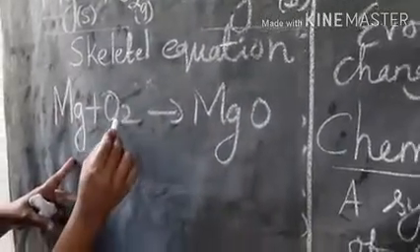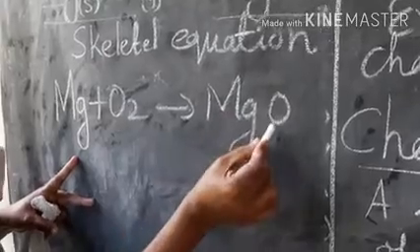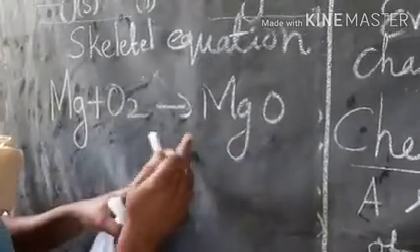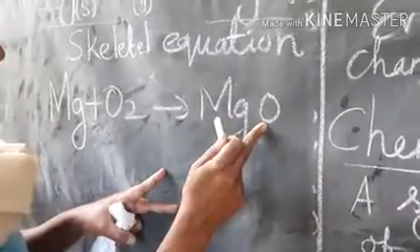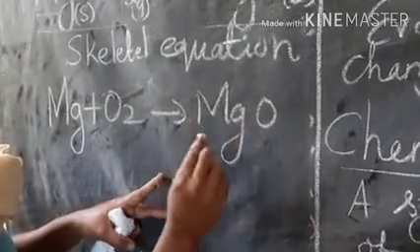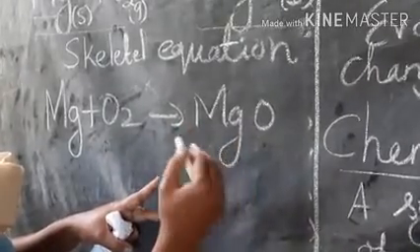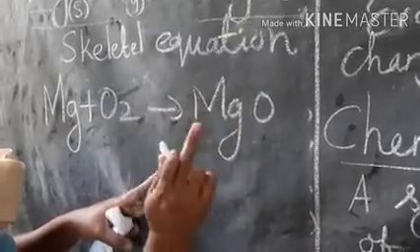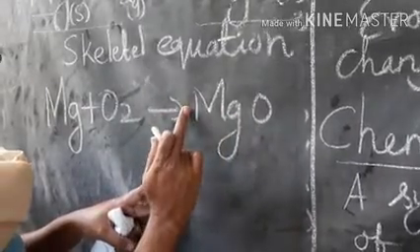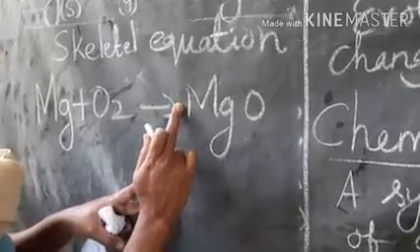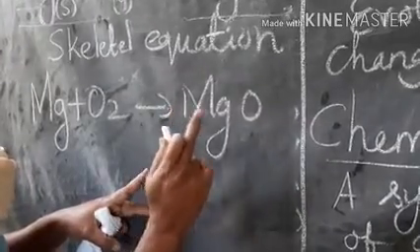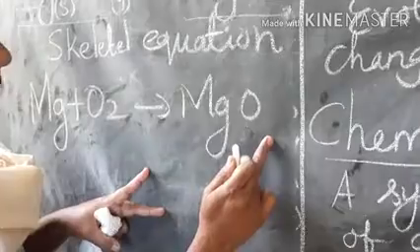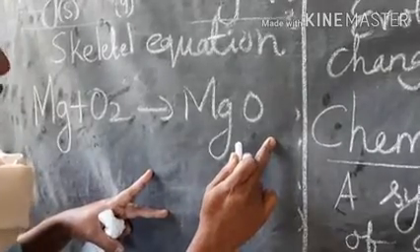Mg is balanced, oxygen this side more and this side less. So, I have to make this oxygen as 2. While balancing, we have to insert the number only in front of the compound or element. We should not write it here or here.